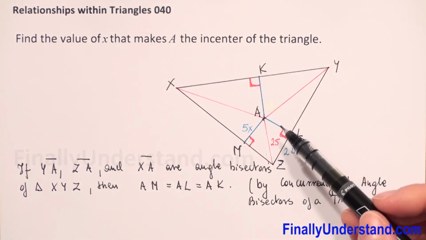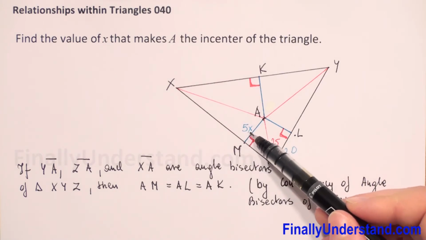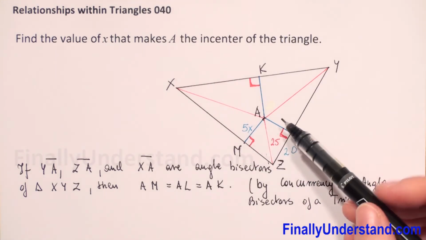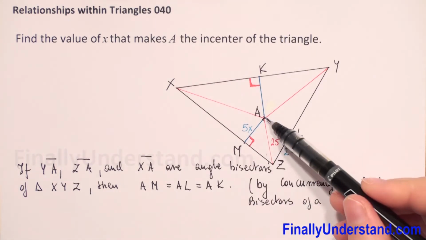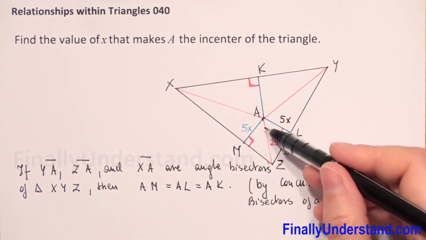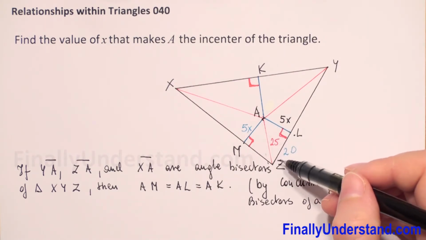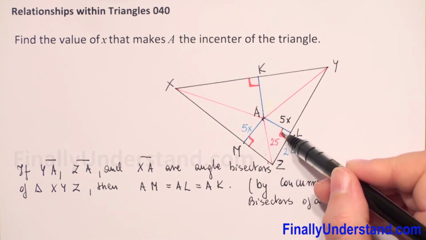So now to find x, we have that AM is 5x. So it means that AL is 5x too. And we have a right triangle here because we have a square right here.